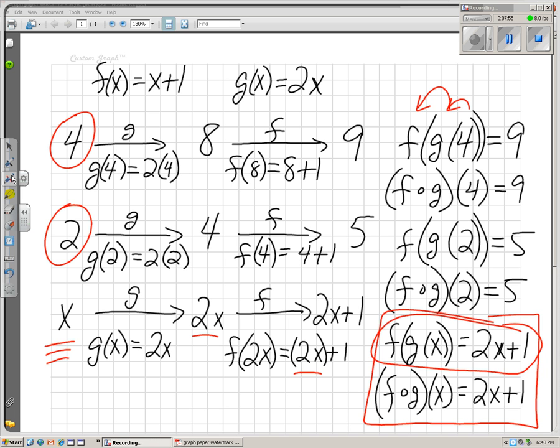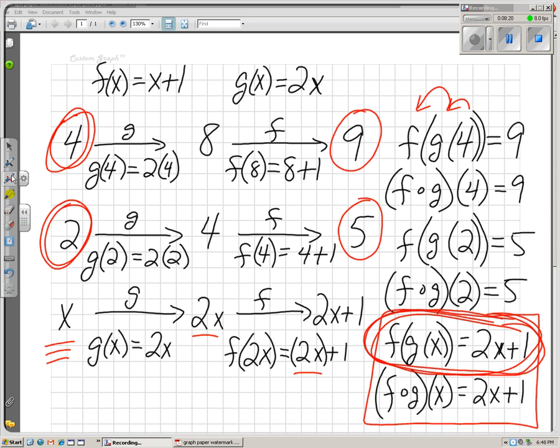So for example, if I take this composite function down here, if I run my x through and just find out what the composite function is first, and then take my 4 and plug it in for x, I get 2 times 4 plus 1 is 9, and there's my answer, 9. If I take the 2 that I began with over here and run it through my composite function, I get 2 times 2 plus 1 is 5, and I get this same answer here.